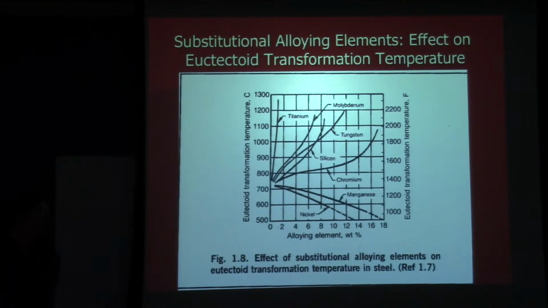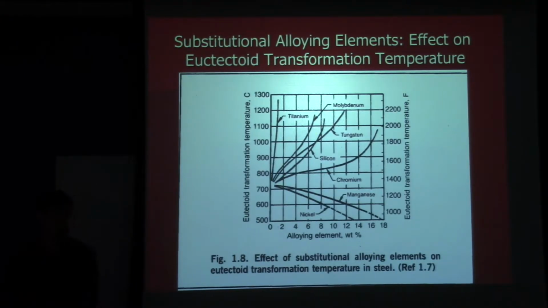So, if that's the eutectoid temperature, what does that mean? What is the eutectoid temperature? I mean, we know what the numeric value is. What does that mean? Well, on heating, yes.